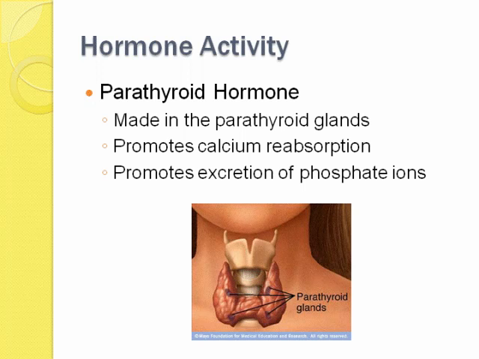Parathyroid hormone is made in the parathyroid glands. This hormone promotes calcium reabsorption and the excretion of phosphate. So there is an indirect relationship or an inverse relationship between calcium and phosphate.